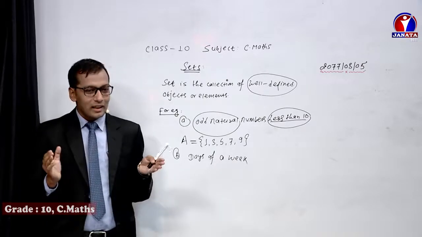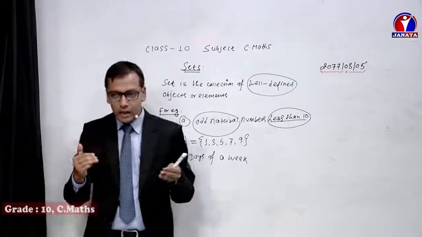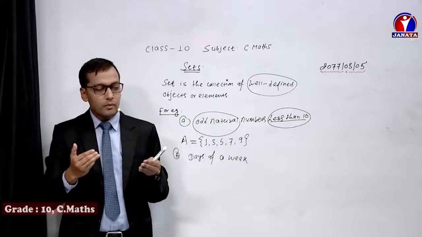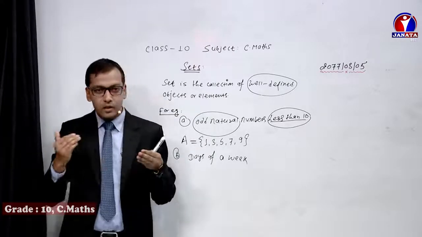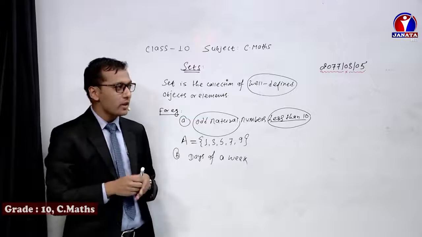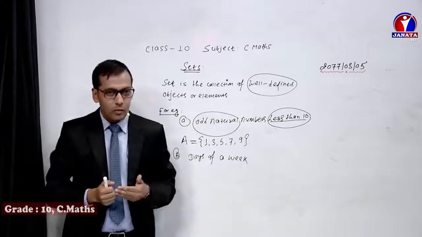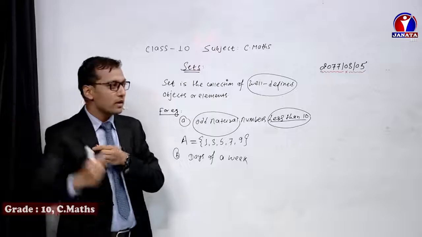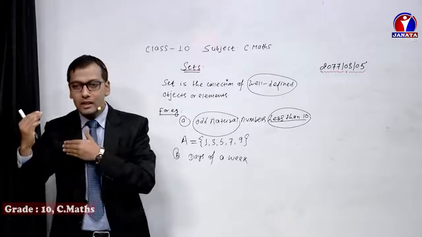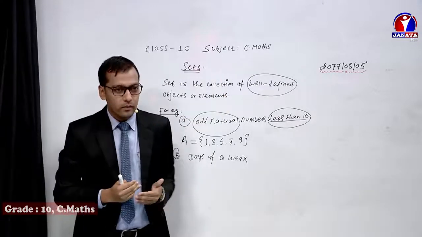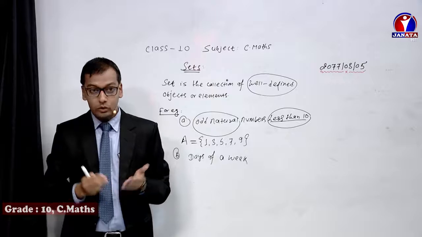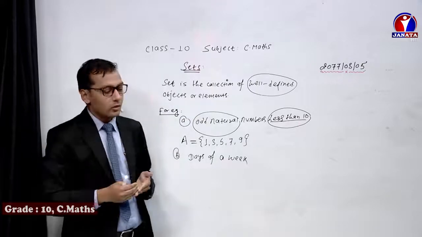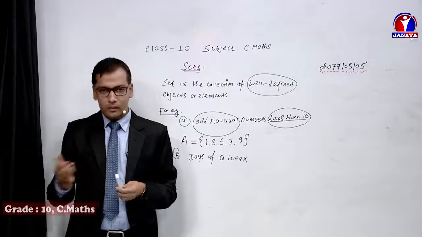Can we identify who the top 5 politicians of Nepal are? If I ask this question to one person, they can say these are the top 5 politicians of Nepal. Another person can say a different list. So there is no criteria to define who the top 5 politicians of Nepal are.